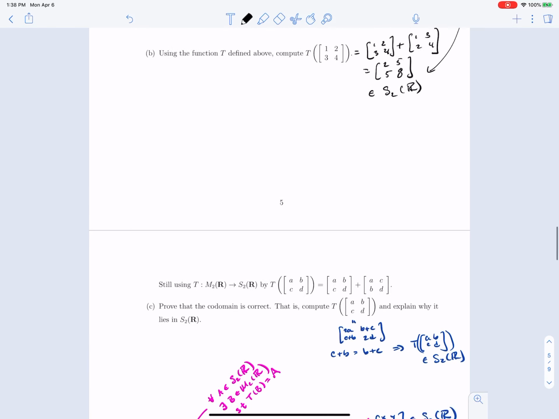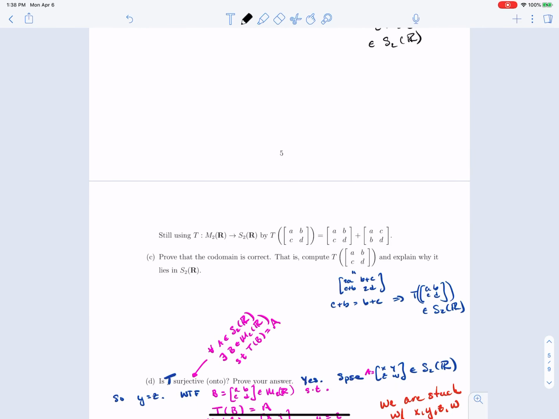Then what we did was we looked at part C. Part C is to justify that in general, this is a 2x2 matrix which is symmetric. So now I'm erasing what I wrote down for them because I want to leave it for you guys to do. You want to confirm that whatever T of A, B, C, D is, it is landing in S2R.